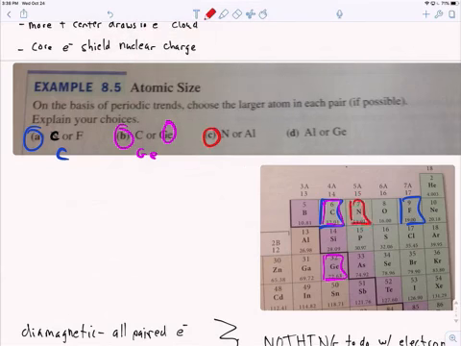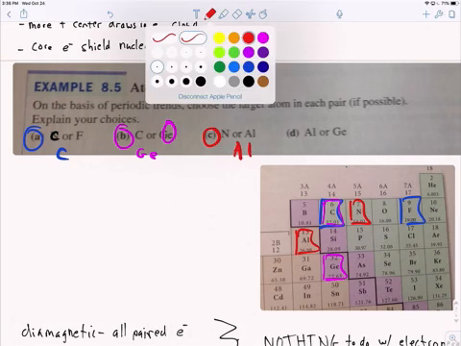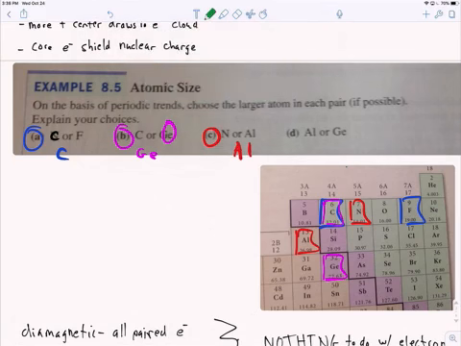Nitrogen or aluminum? Well, aluminum is lower, so it's bigger, and it's furthest to the left, so it's bigger. Aluminum is definitely the bigger atom by two rules. And then what about aluminum and germanium? Aluminum is further to the left, so it's bigger, but germanium is further down, so it should be bigger.